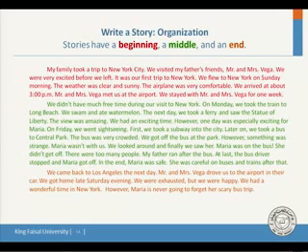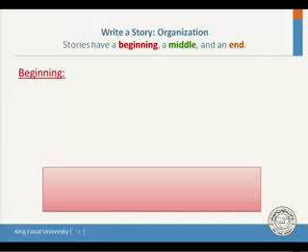Now, this paragraph is the beginning. What do we have in the beginning? We will discuss this in the following slide. The second paragraph is the middle, and the last paragraph is the end. Let's discuss them one by one.